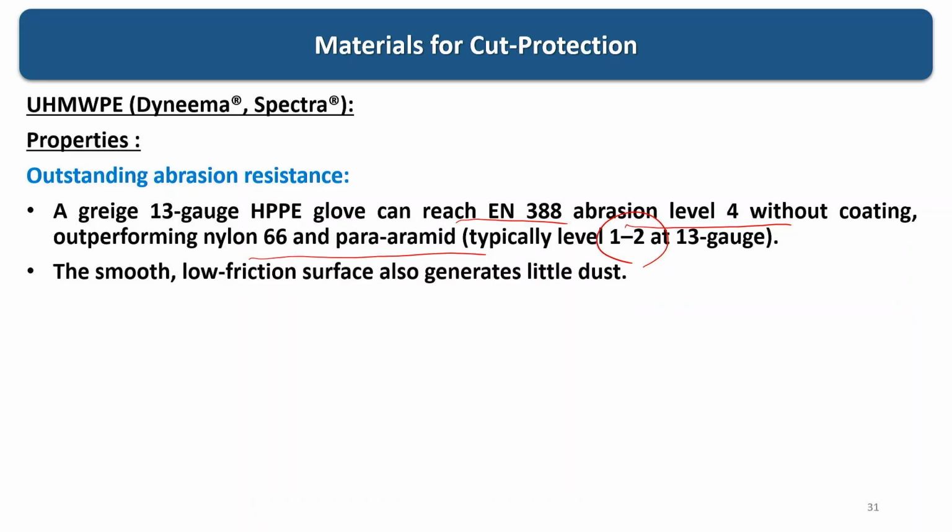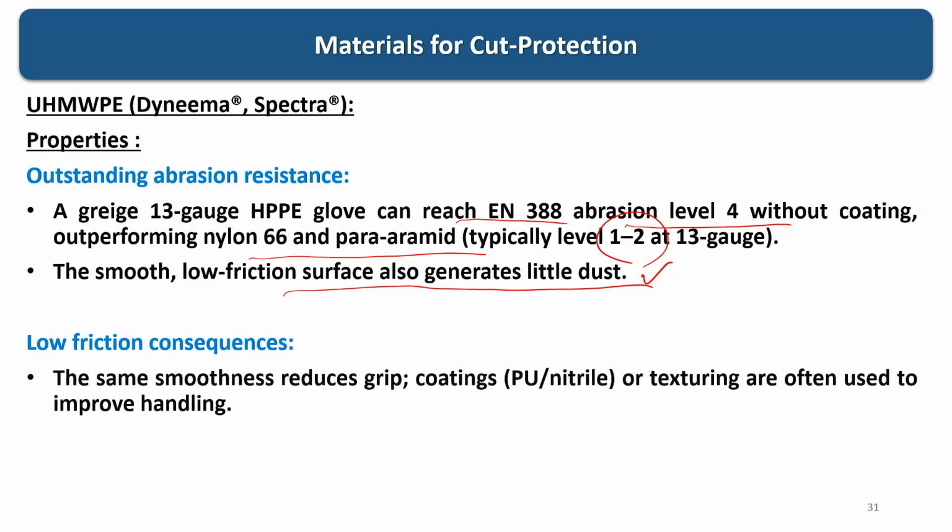It has a smooth, low friction surface and also generates little dust. Due to the low friction, the same smoothness reduces the grip. Okay, so here is the problem with low friction.